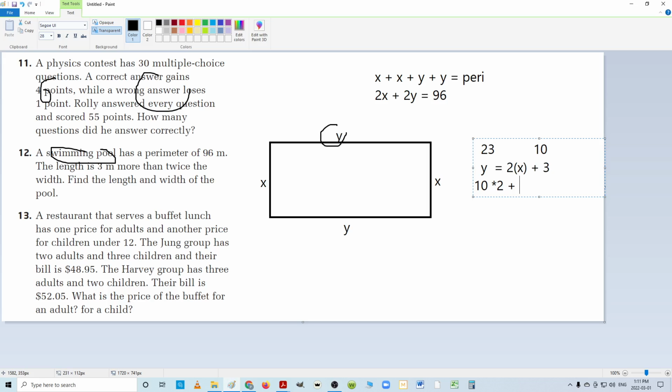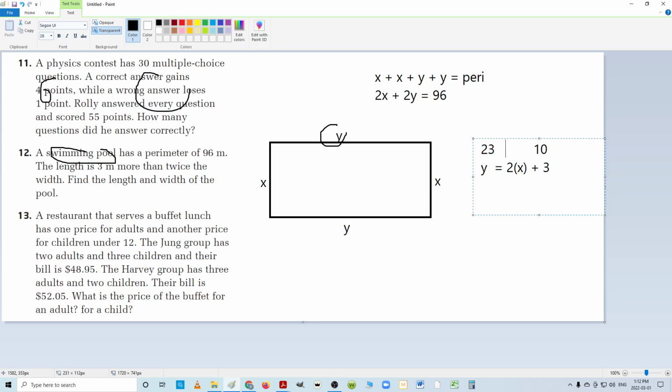Let's see if that works with 10. If my width was 10, 2 times 10 plus 3 is indeed 23. So it does work.